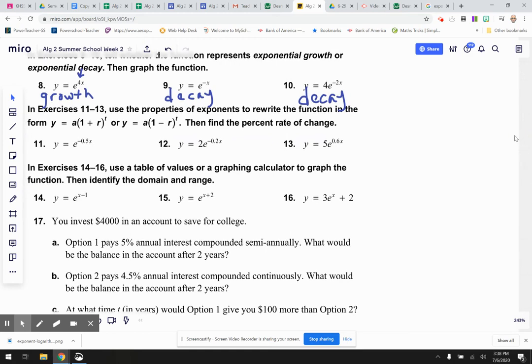Okay, I'll leave it like that. And I'll do number 11 right there. And it's going to be y equals. And what we have right now is, I'm going to put it in parentheses because that's the format we're going to need. And I'm going to put e to the negative 0.5x.